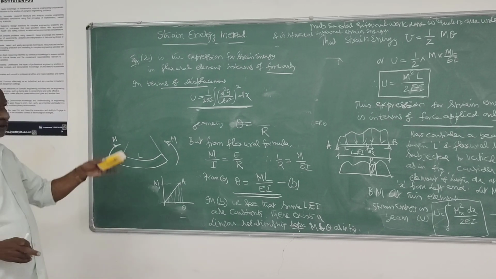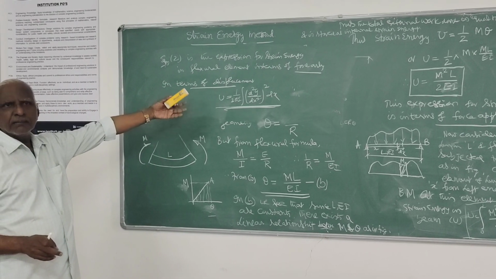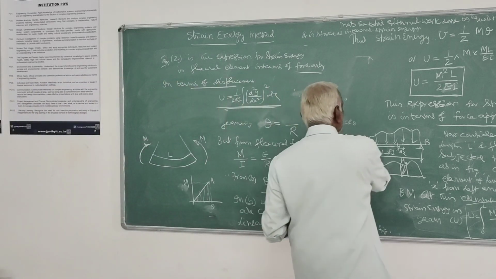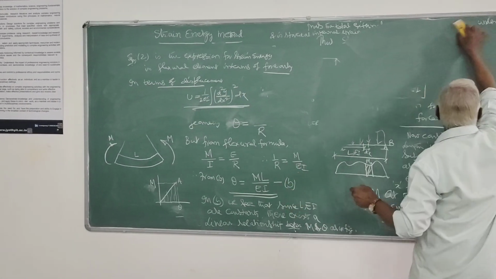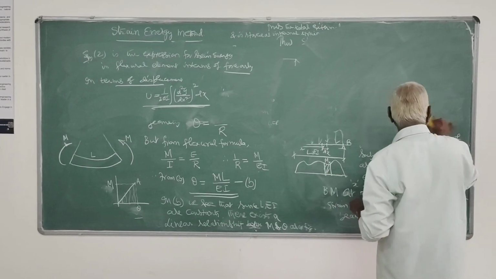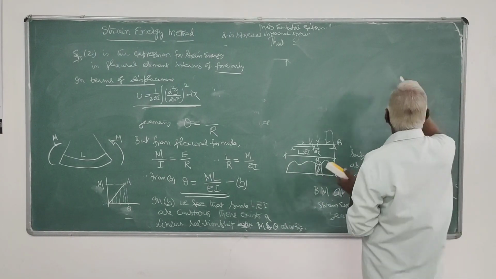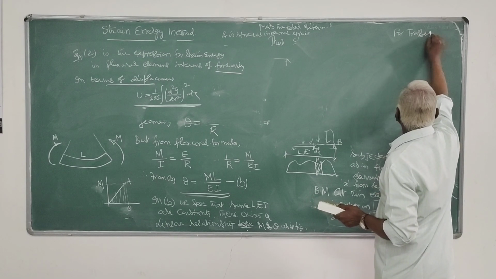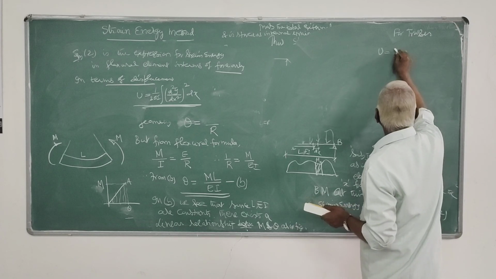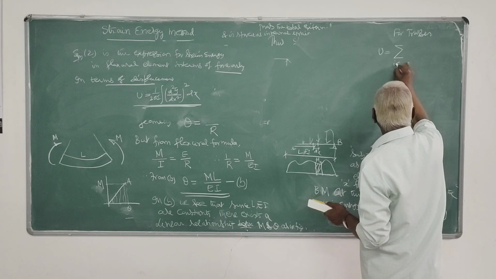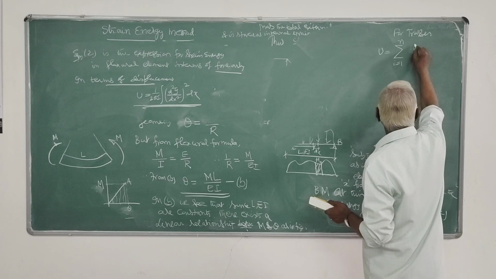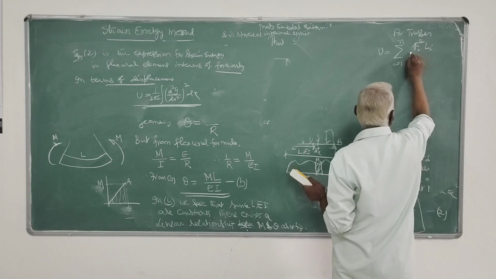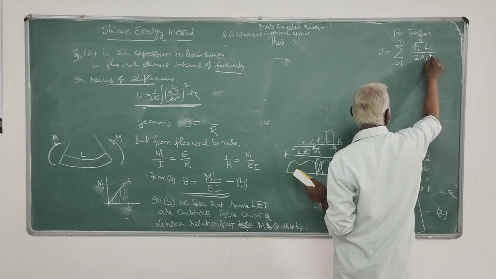So expression for strain energy due to bending, due to axial force, expression for truss structure, expression for frame or beam member, that you can remember. I will write it in the right hand corner, the expressions for the analysis which you have to remember. So for trusses, which are basically axially loaded members, the expression for strain energy is given by sum of Fi squared Li divided by 2AE.